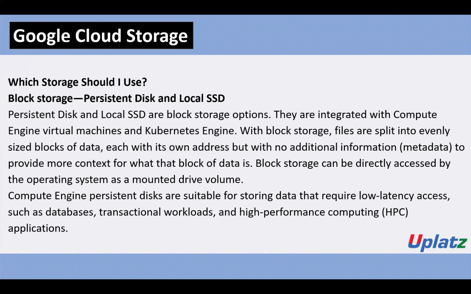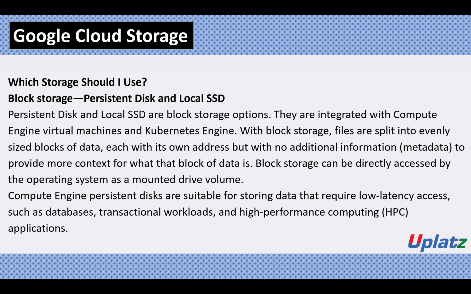They are integrated with Compute Engine virtual machines and Kubernetes Engine. With block storage, files are split into evenly sized blocks of data, each with its own address but with no additional information, metadata, to provide more context for what that block of data is.